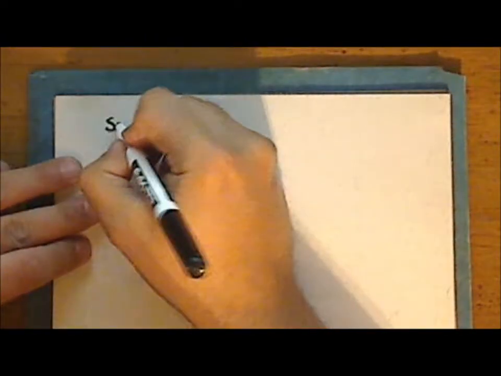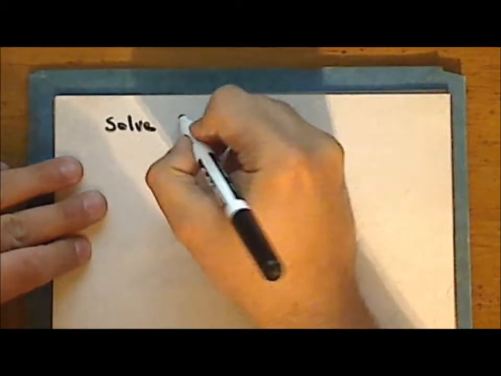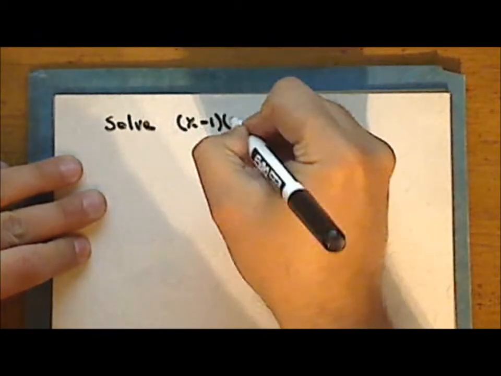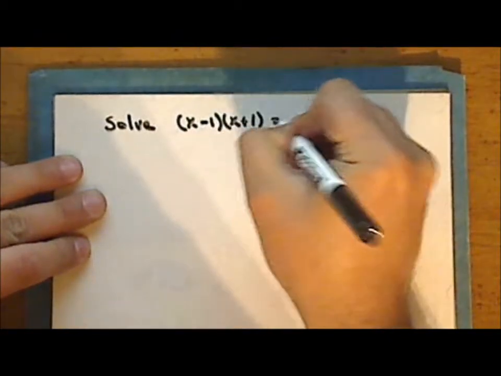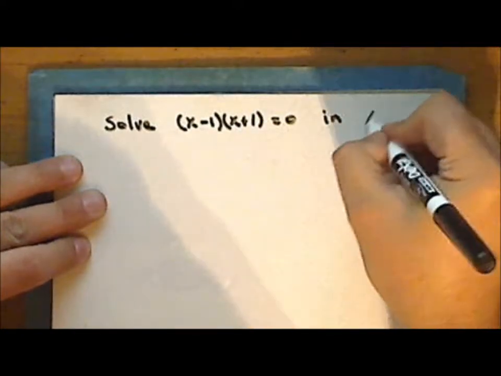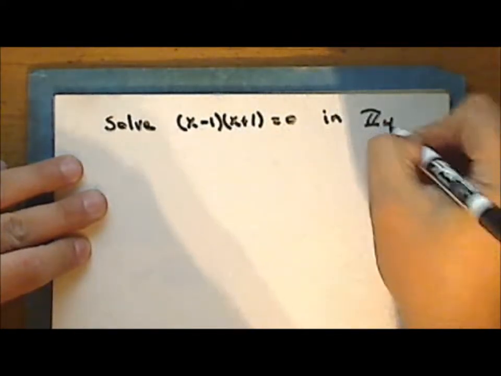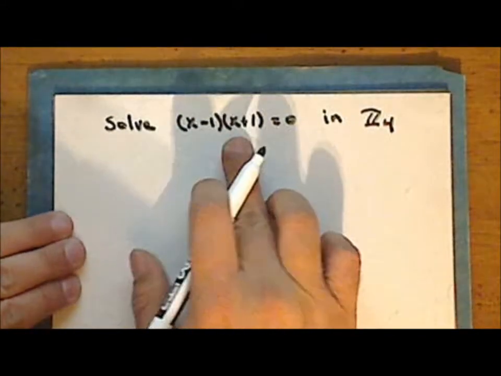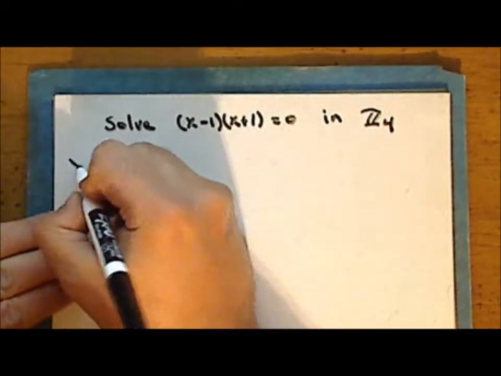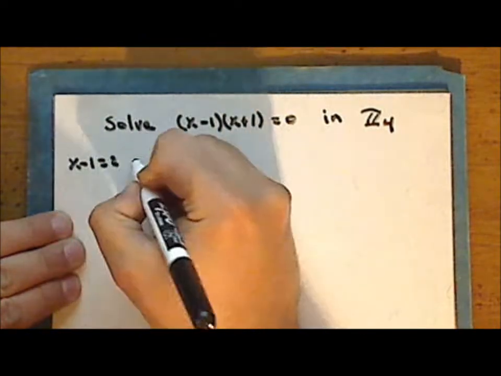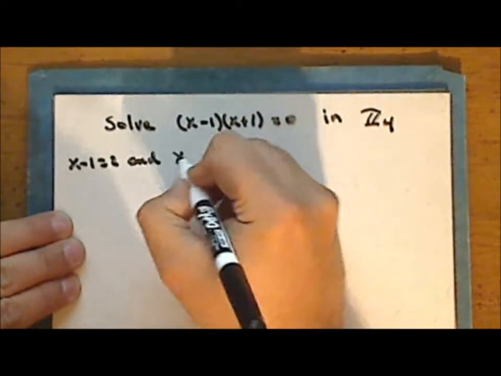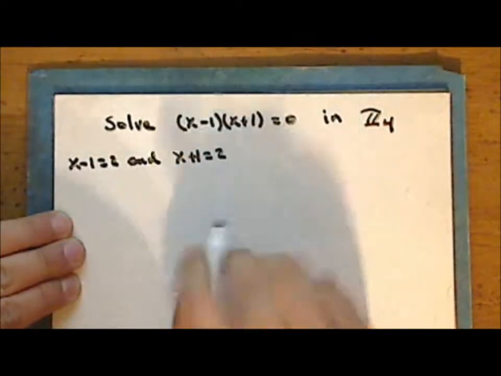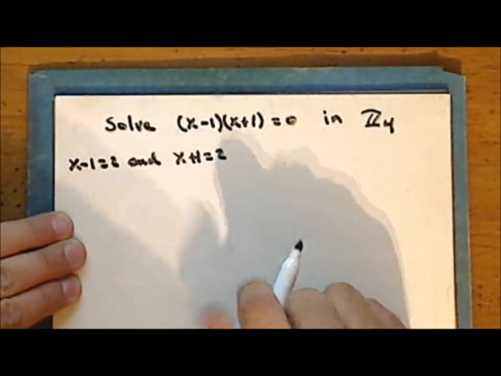And so if we solve the equation (x minus 1) times (x plus 1) equals 0 in the set of integers modulo 4, then this equation is true if both factors are equal to 2, or if either factor is equal to 0.